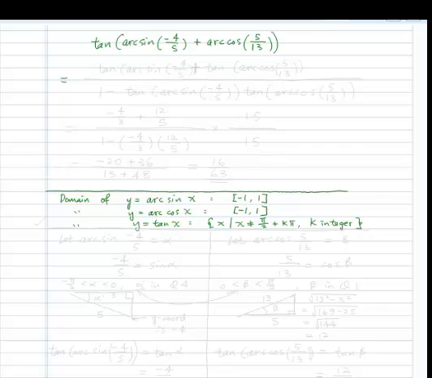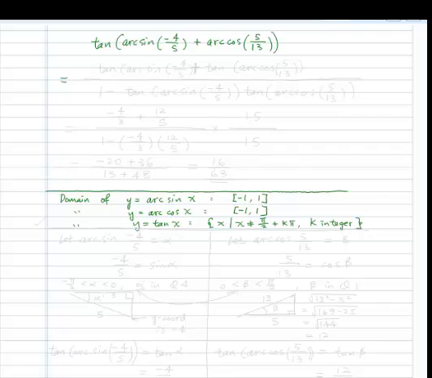Thus, we know that the first two conditions are satisfied, and the third one, the domain of y equals tangent of x, we will examine later. Go back, we use the sum identity for tangent function to proceed.